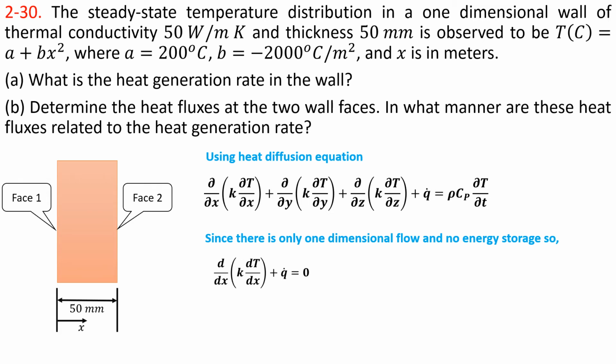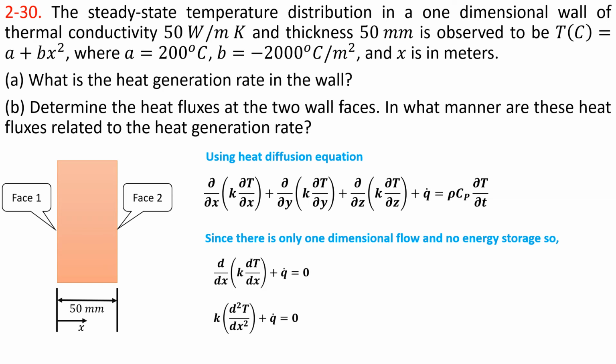Since there is no change with respect to time, a steady state problem, temperature is not changing with respect to time, and temperature distribution is only in x direction. It means that temperature is constant in y direction and temperature is constant in z direction. So the heat diffusion equation will be modified into d by dx of k dT over dx plus q dot is equal to 0. For part A, we have to find the value of heat generation rate in the wall.